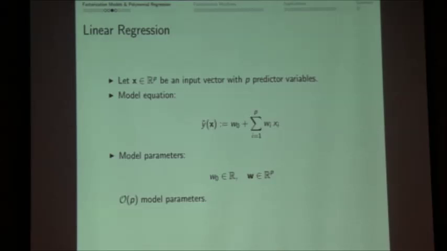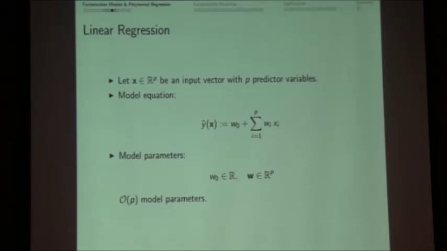So let's have first a look at linear regression. I think all of you know it, but just so that we have the same picture in mind. Linear regression, as other machine learning models, you assume you have a real value input vector x. Might be hundreds or millions of real value variables. And your model equation is you assume you have a linear effect between your input and your output.